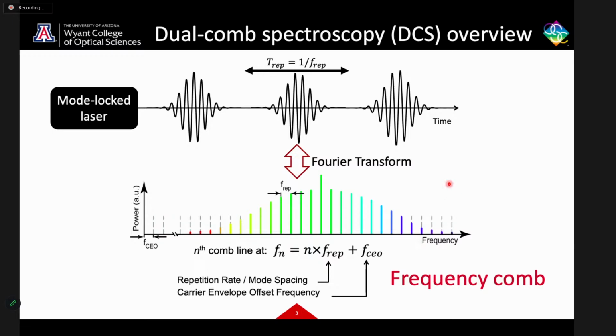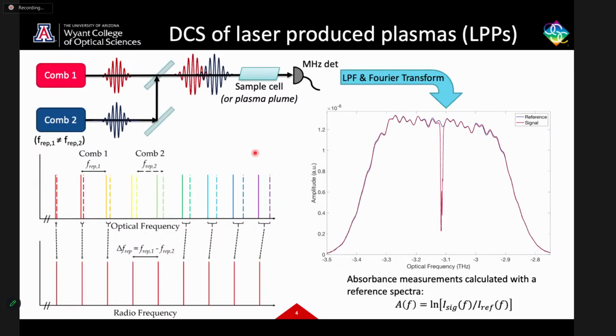Now, this is essential because in dual comb spectroscopy, we need to optically interfere two frequency combs together. And this is achieved through slightly detuning the repetition rates of the two frequency combs. When the two combs optically interfere and are detected on a standard RF detector, it produces what can be considered a multi-heterodyne measurement, where the frequency comb teeth with slight rep rate detuning beat with each other and produce an RF frequency comb.